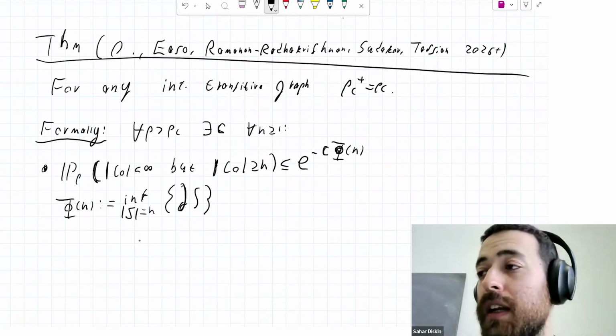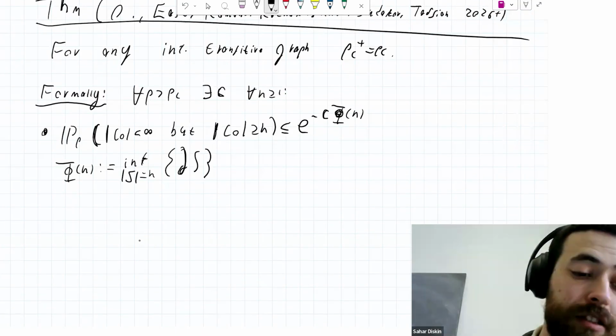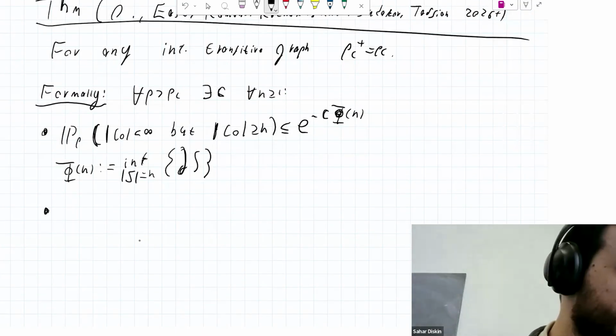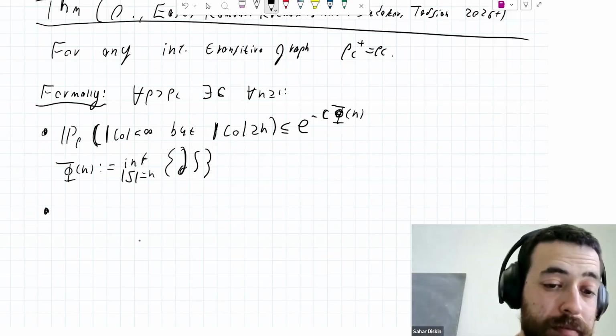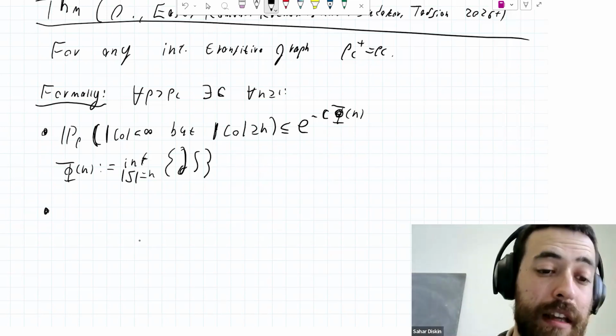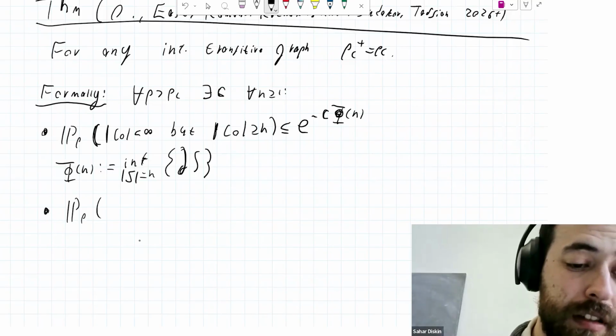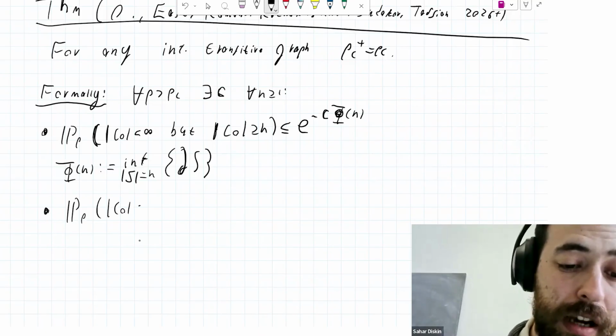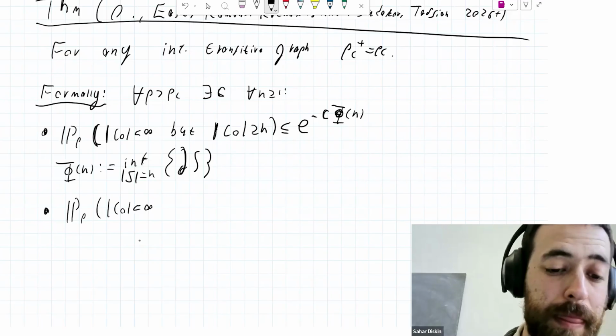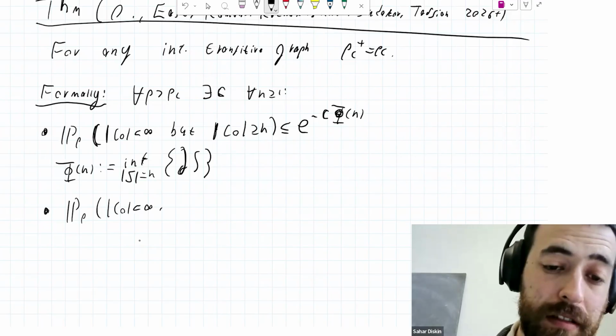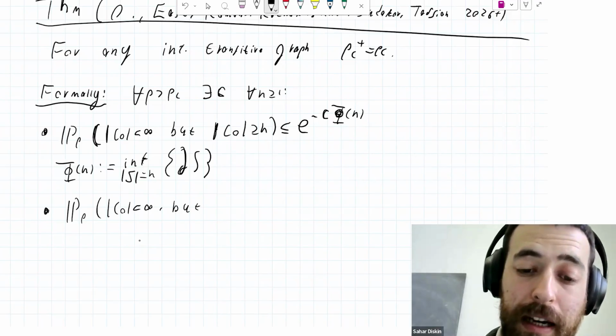Another way to formalize this, or actually a slightly stronger statement, is that the probability under P that we are in a finite cluster, let me write it like this.